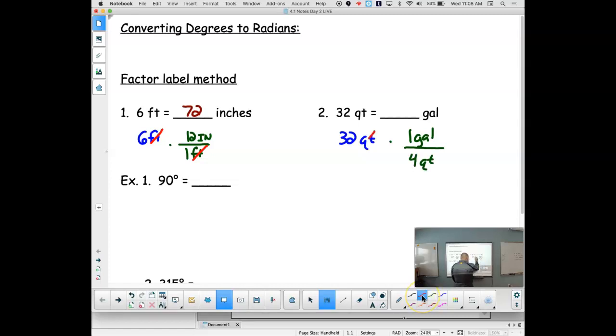The quarts would cancel each other out. We would be left with 32 over 4, and that reduces to 8. So that would be 8 gallons. Okay? So we got that going on, which is nice.